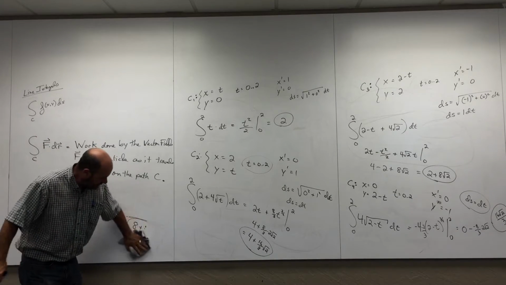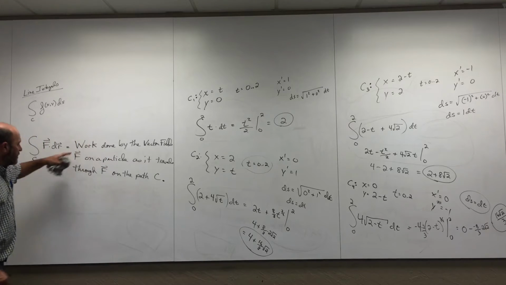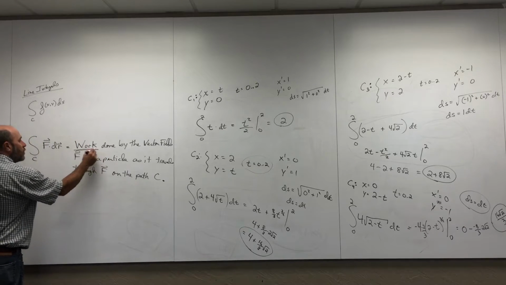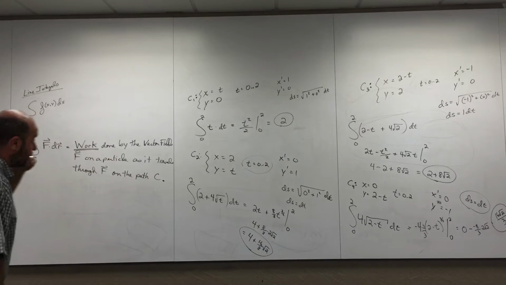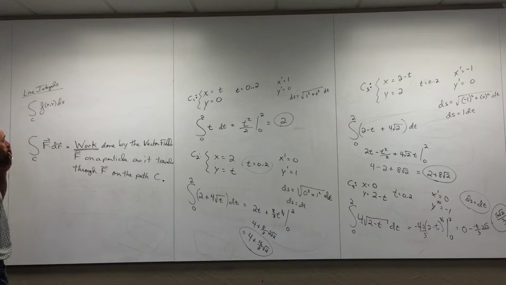This is physics. Work is energy. Work is force times distance. Perhaps that's what this is. This vector field is a force field, and we're multiplying by this distance. Is that a distance? I guess that's a distance.